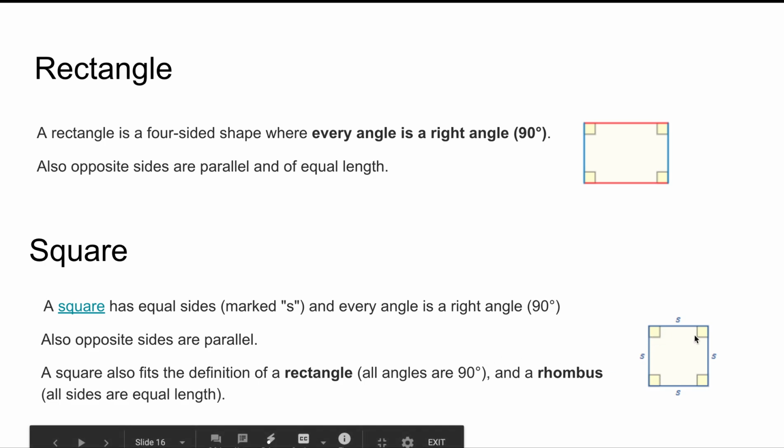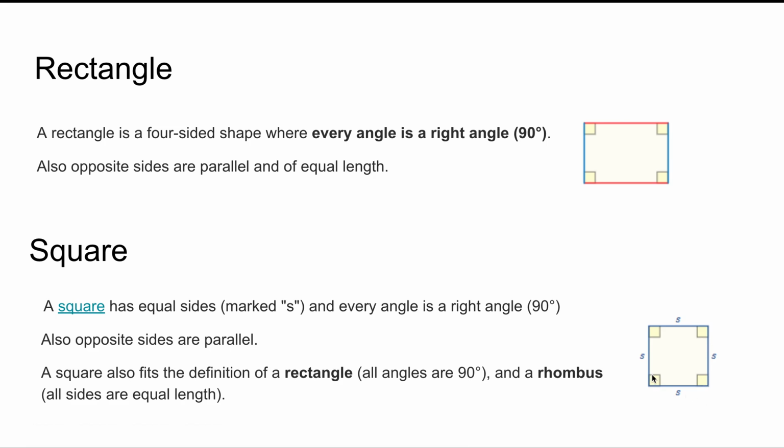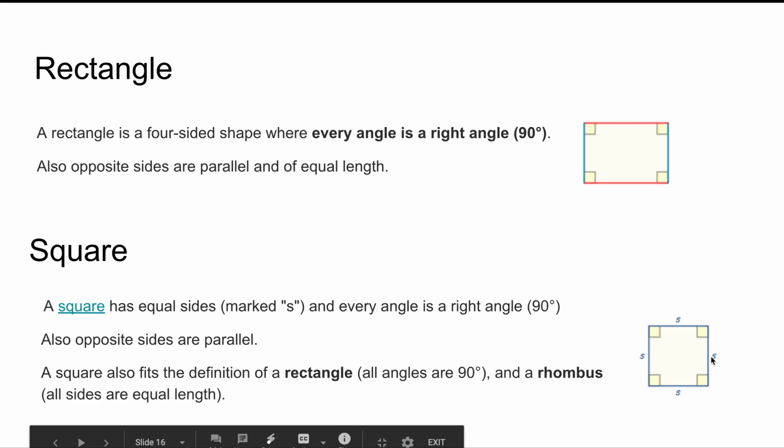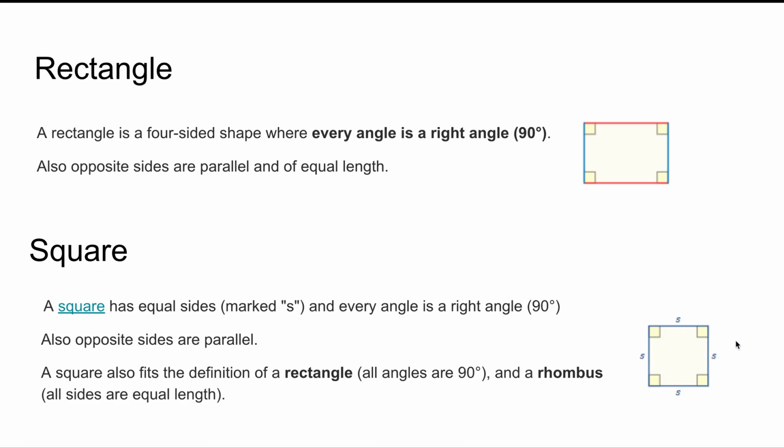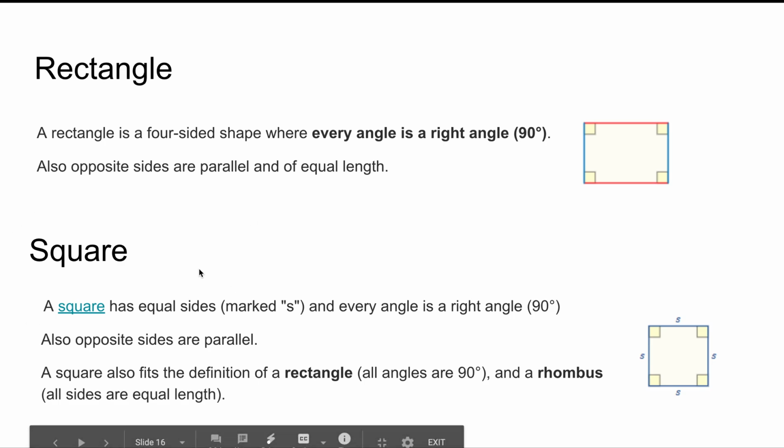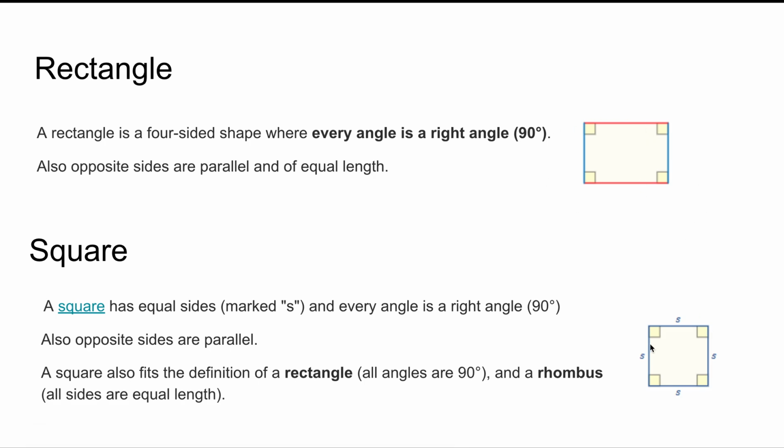Square, not only are the 4 angles congruent at 90 degrees, it also has to be equilateral. So all 4 sides are also congruent. Then we call that a square. And here's a hierarchy. All squares are rectangles because all squares have 90-degree angles, but not all rectangles are squares because in some rectangles, like this, the sides are not congruent, right?